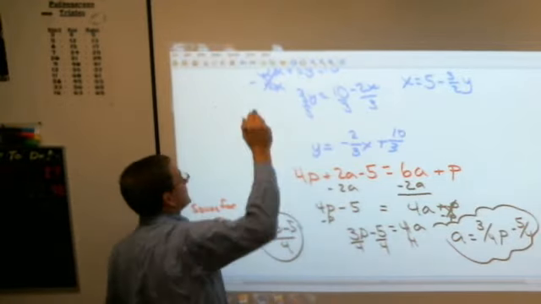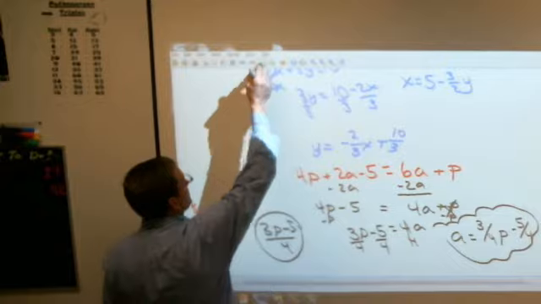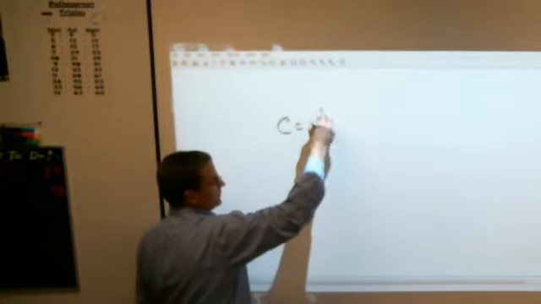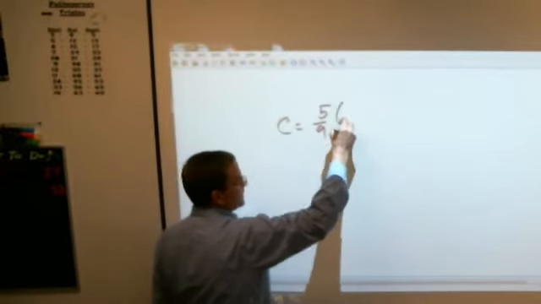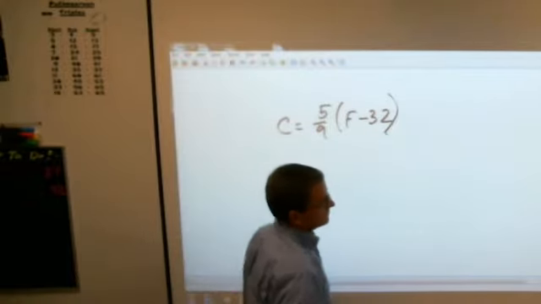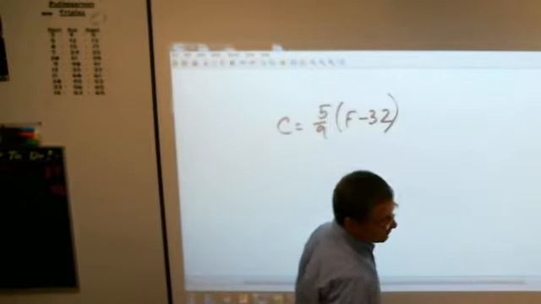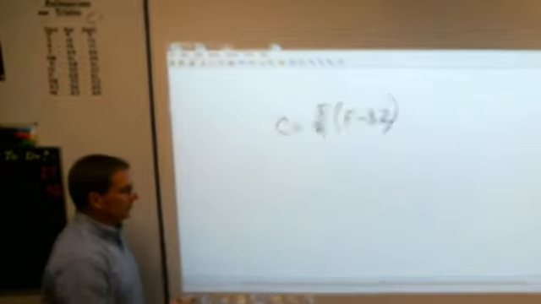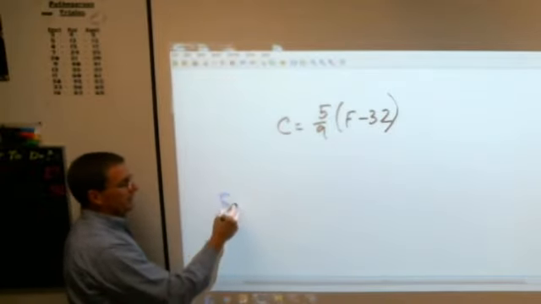Now let's do one more because this is kind of fun. If you're converting Celsius to Fahrenheit, Celsius equals 5/9 times Fahrenheit minus 32. How would you go about changing that into solving for Fahrenheit equals what?